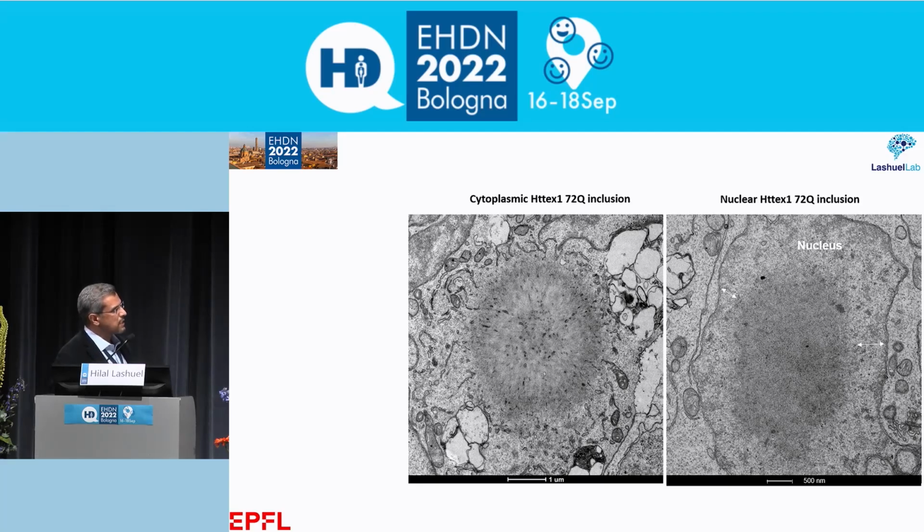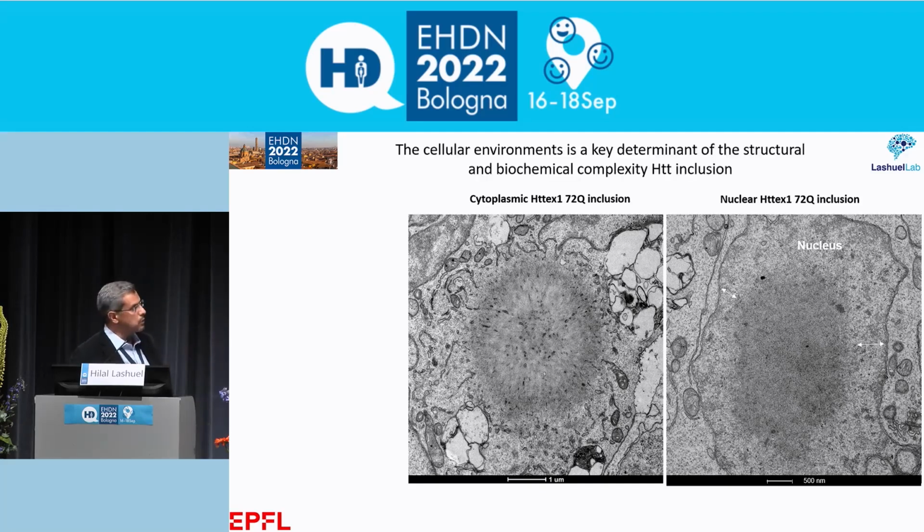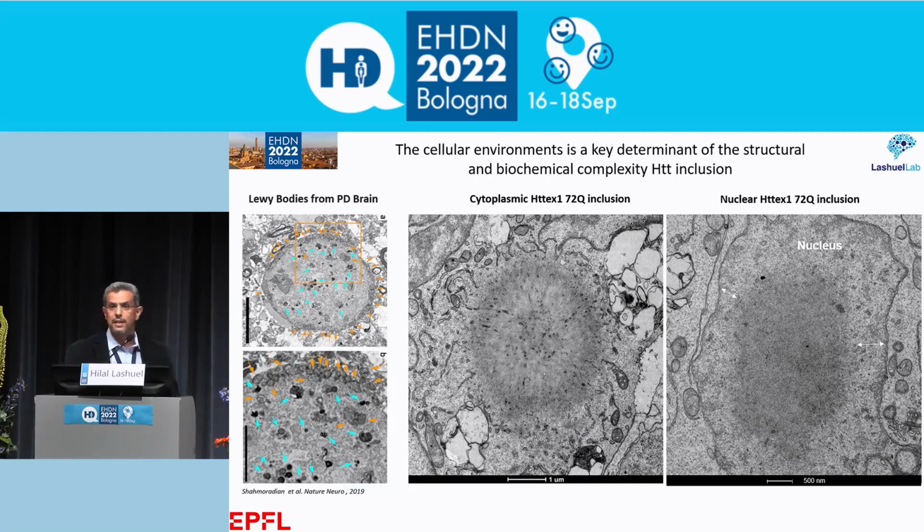What is interesting is this composition is very similar to what we see now for the composition of inclusions isolated from human brain in Parkinson's disease. These are actually Lewy bodies analyzed by correlative light electron microscopy, and it is now known that these are composed of these complex structures of aggregates, lipids, and organelles.